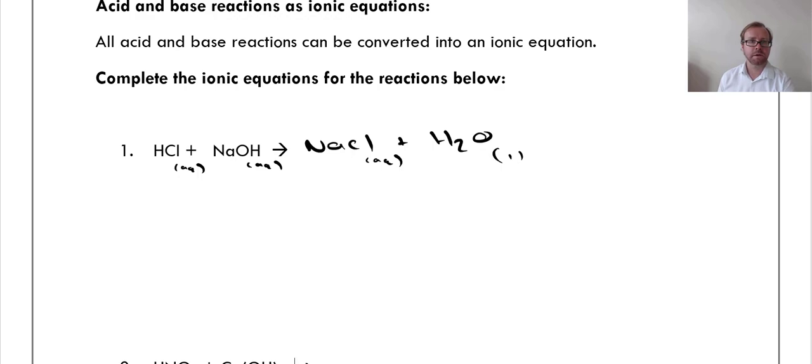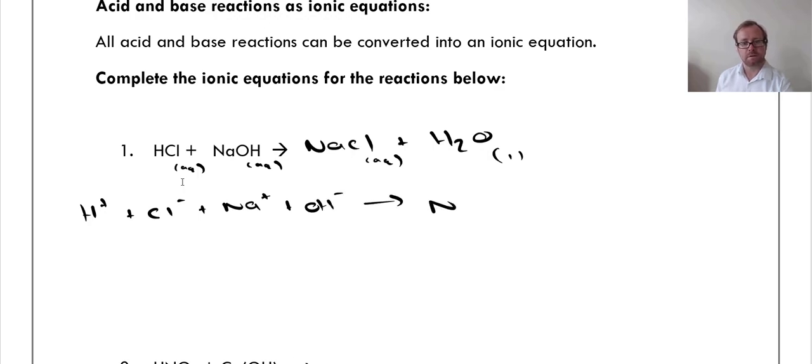Remember, when you're constructing ionic equations, you split all the ionic substances that are aqueous. So we would have H+ Cl- plus Na+ OH- goes to Na+ Cl- plus H2O, and we leave H2O as a molecule because it's a covalent compound.